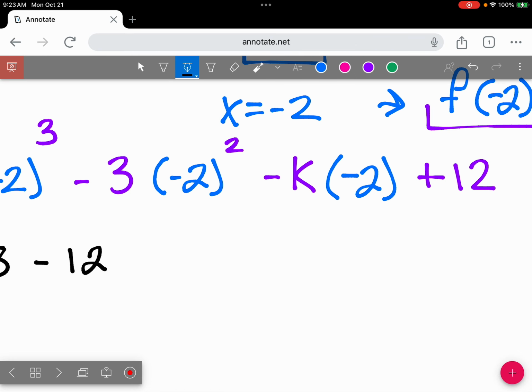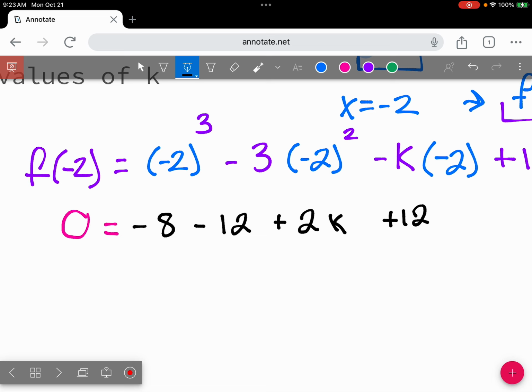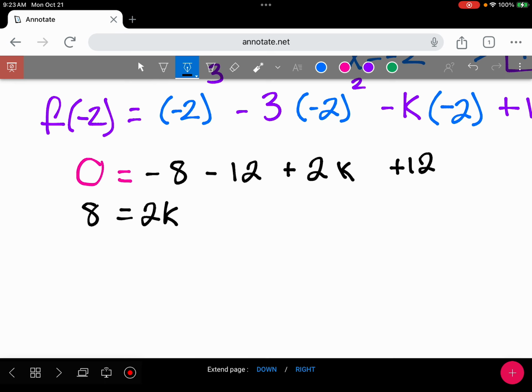Then we have minus k times minus 2, positive 2k, plus 12. So my negative 12 and my positive 12 cancel out. Add 8 to both sides: 8 equals 2k. So 4 equals k. This one only has one value of k.